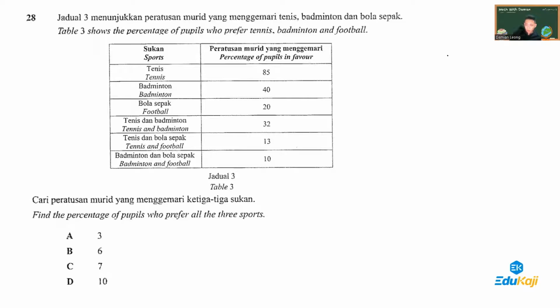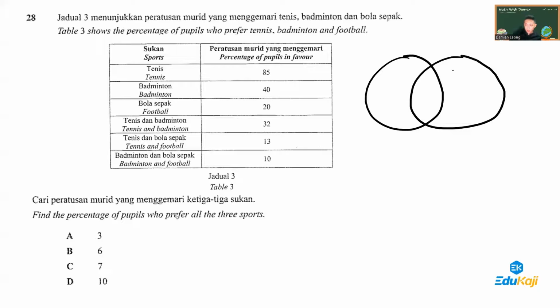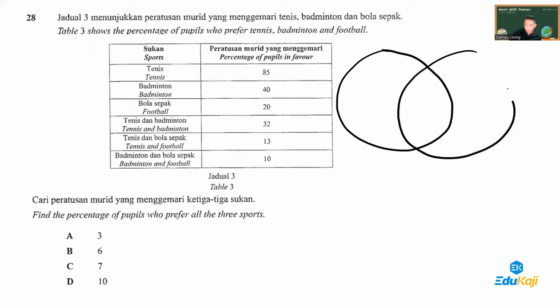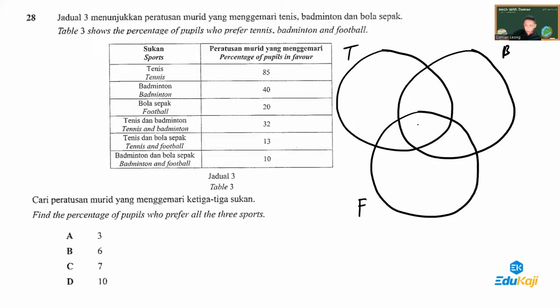I have tennis, badminton, and football. Okay, tennis, badminton, football. I don't know what's in the middle. So let's just put that as X.